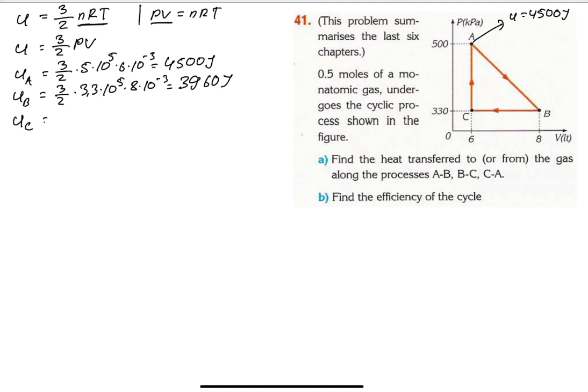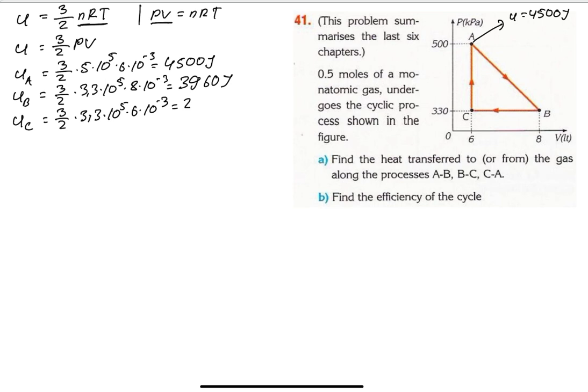So internal energy for point C will be equal to 3/2 times the pressure, 3.3 times 10 to the power of 5 times 6 times 10 to the power of -3. It's equal to 3.3 times 3 times 6/2.